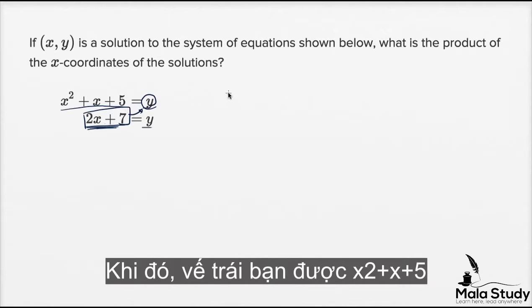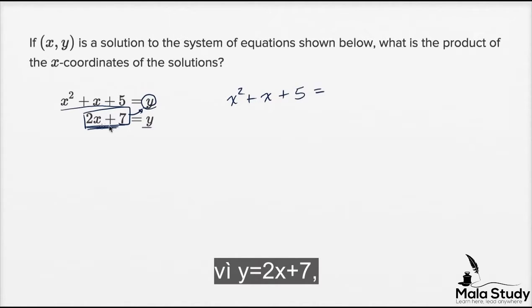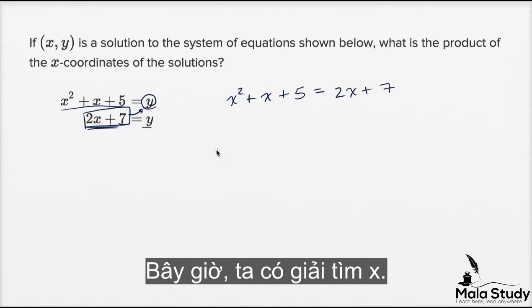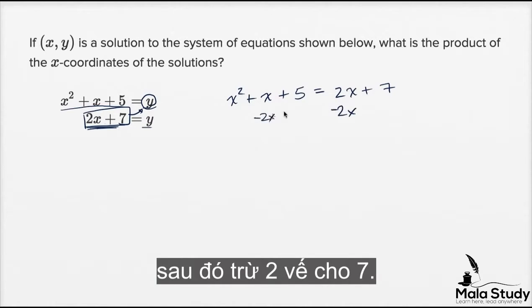So if we do that, on the left-hand side, you get x squared plus x plus 5 is equal to, instead of y, since y is equal to 2x plus 7, 2x plus 7. And now let's see if we can solve for x. So we could subtract 2x from both sides. I'm doing that to clear out the right-hand side.